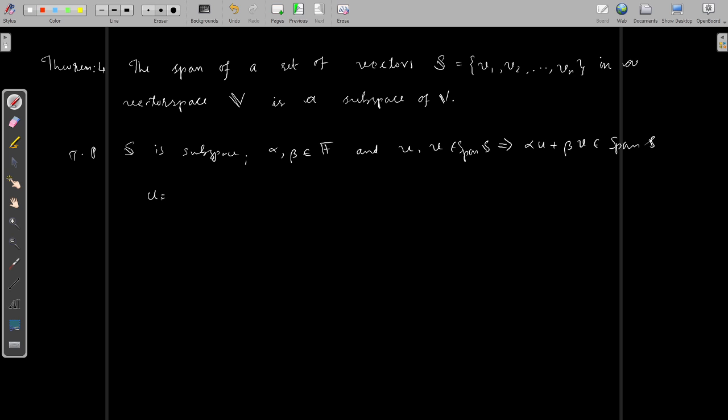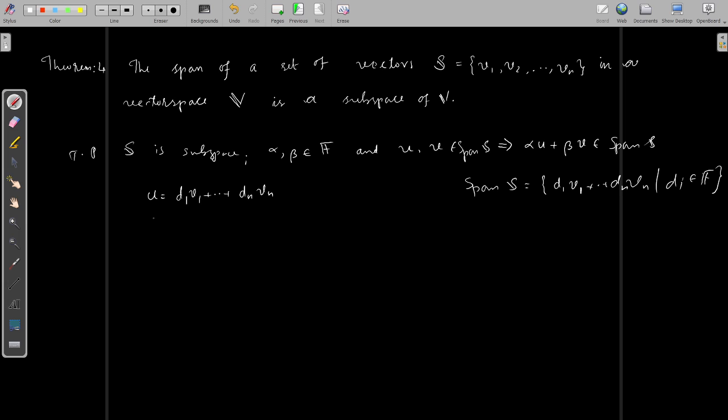So we assume u and v are elements of span of S, and span of S takes the form consisting of the set of all d1 v1 plus etc. dn vn such that di belongs to the corresponding F. Now we consider u an element of span S, then u is a linear combination of v1, v2, etc. So I'll write it as d1 v1 plus etc. dn vn.